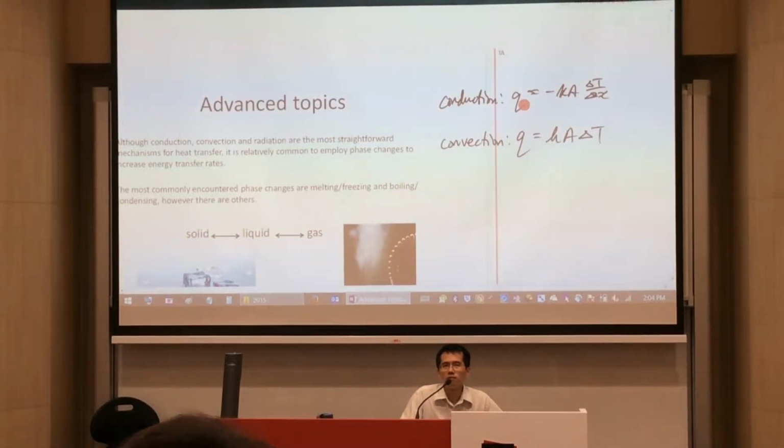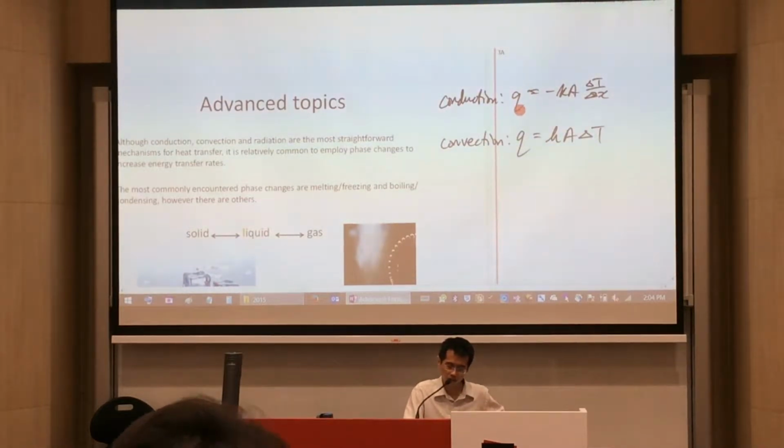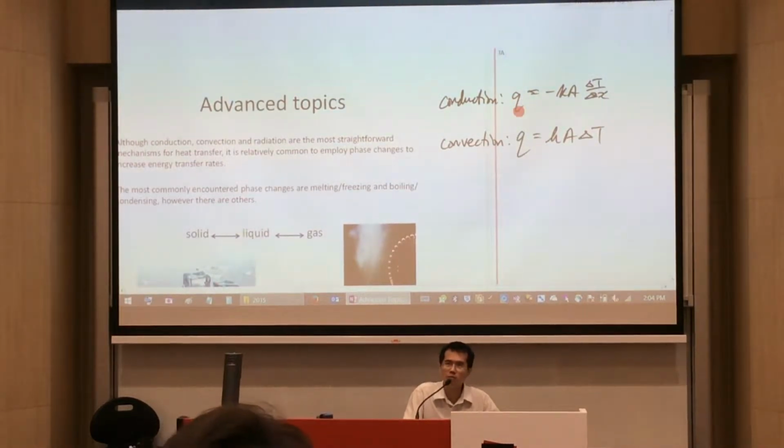So if you look at conduction, if you want to have as large a heat transfer rate, Q, as possible, what do you think would be the practical thing that you could do to increase this value?